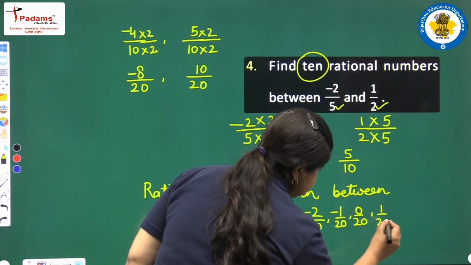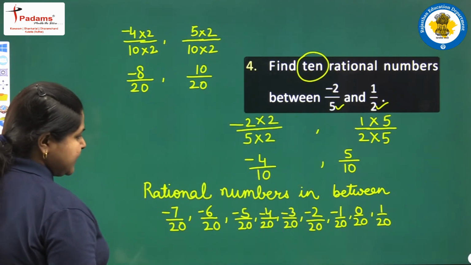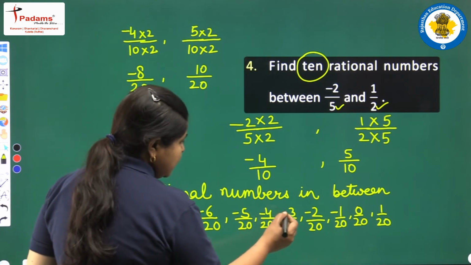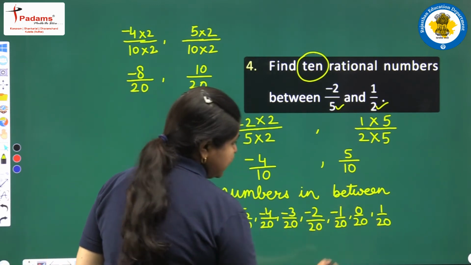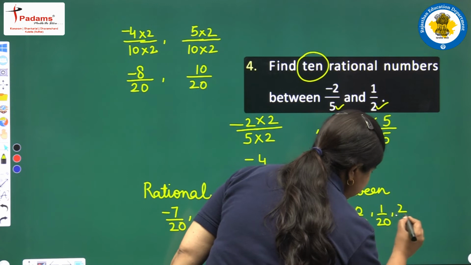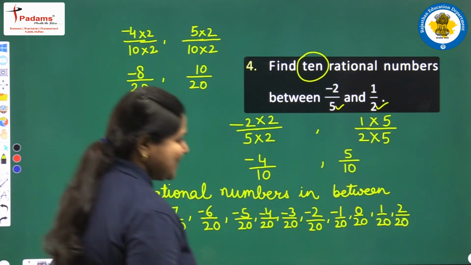Let us count how many we have written. 1, 2, 3, 4, 5, 6, 7, 8, 9. We need one more, 2 upon 20.